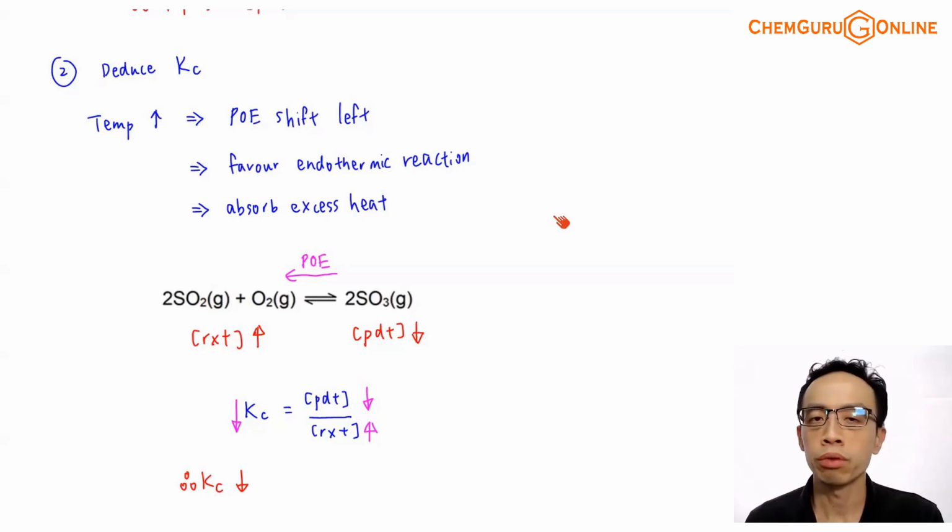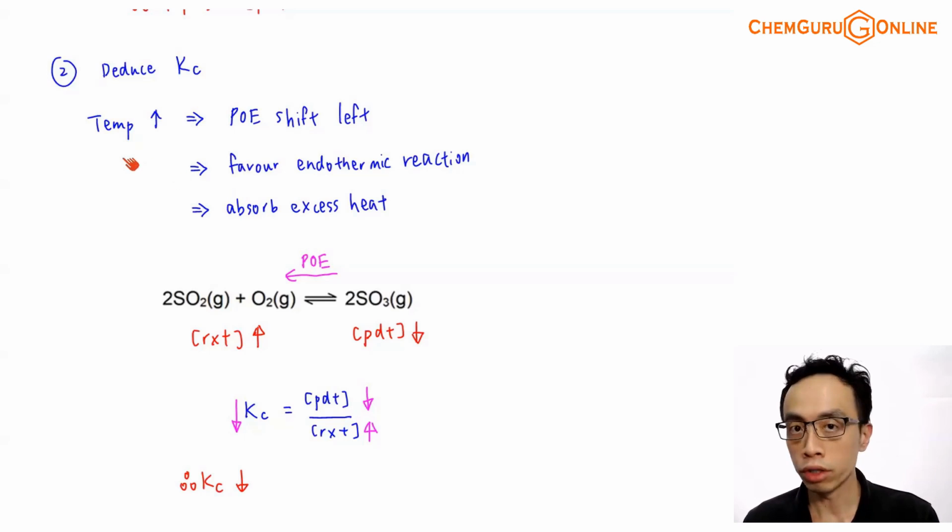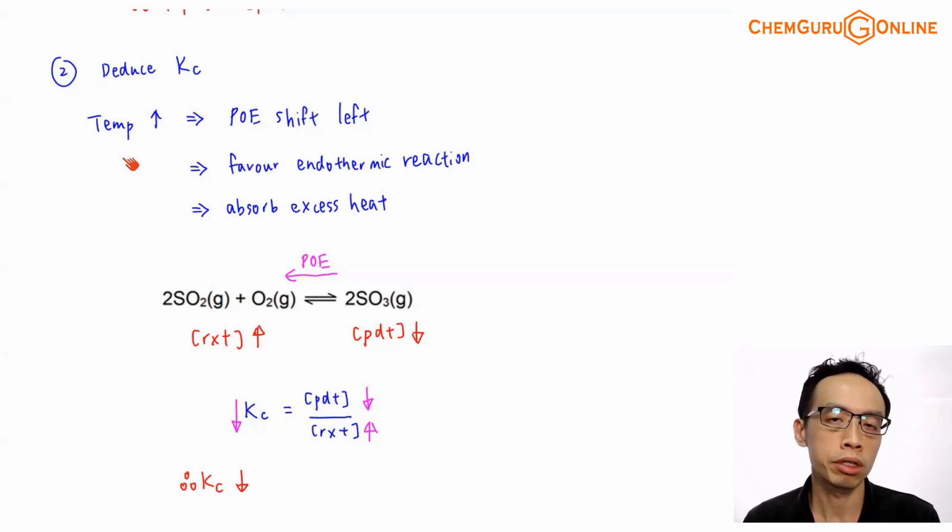Involving the Kc expression, we will focus on the enthalpy change of the reaction. When there's an increase in temperature, according to Le Chatelier's principle, the system will favor the endothermic process, because the endothermic reaction will absorb excess heat from the surrounding, cause the temperature of the surrounding to decrease, and try to counter the change imposed.